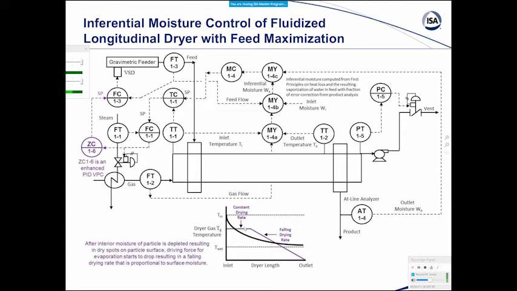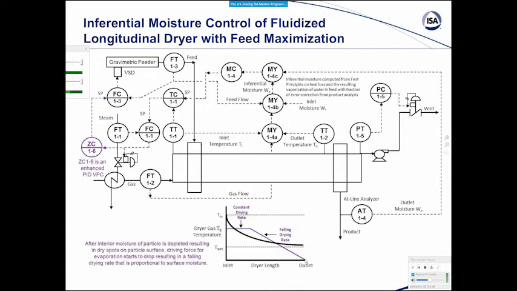And here it shows that there's a constant drying rate going on until the interior moisture is depleted. And now you have dry spots starting to appear on the surface of the particle. Then that reduces the driving force for heat transfer, or actually the transfer coefficient, and as a result, you get into this falling drying rate region.